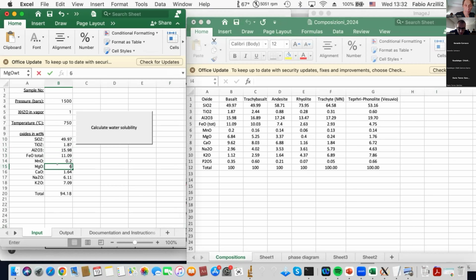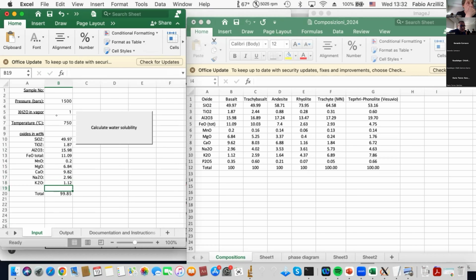Magnesium is 6.84. Calcium is 9.82. Sodium is 2.96. And potassium is 1.12. Okay, this is a basalt.